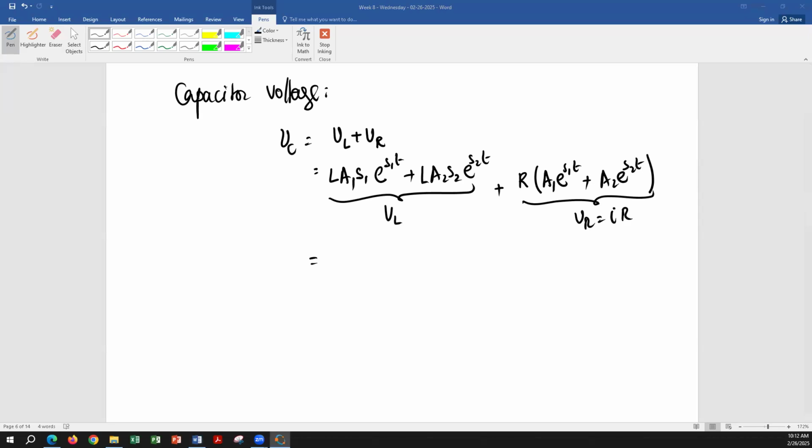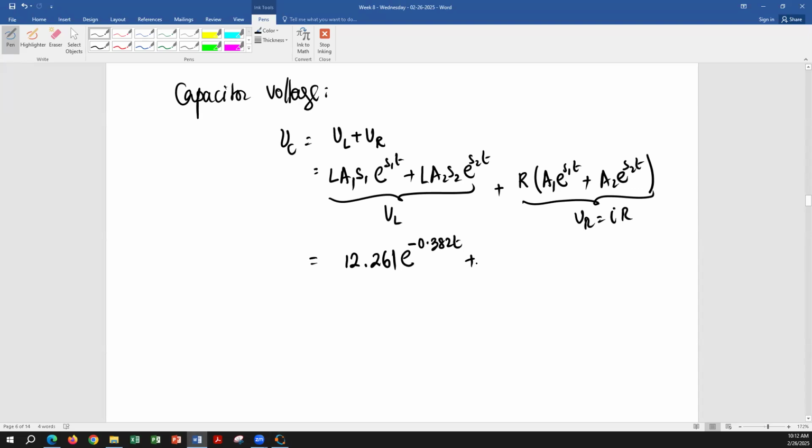Let me go ahead and do it in MATLAB. Let me call A1 Q1 and A2 Q2, that might be easier for me. So L times A1 times S1 plus R times A1, that's 12.261 e to the power S1 t, and my S1 was negative 0.382, so negative 0.382 t.